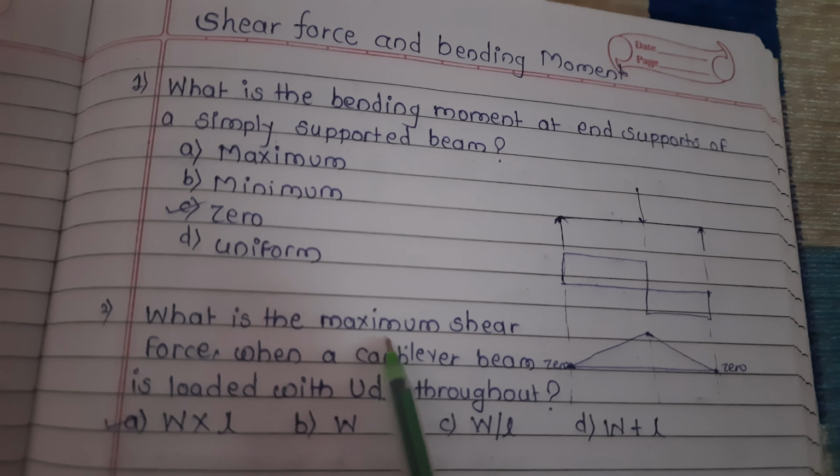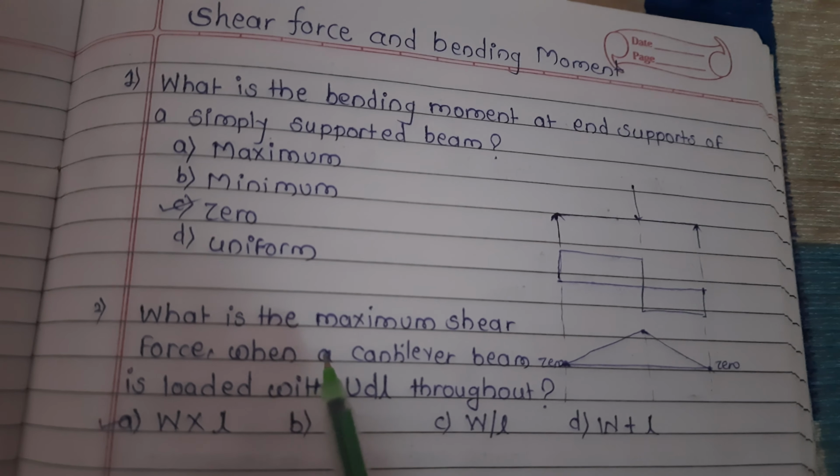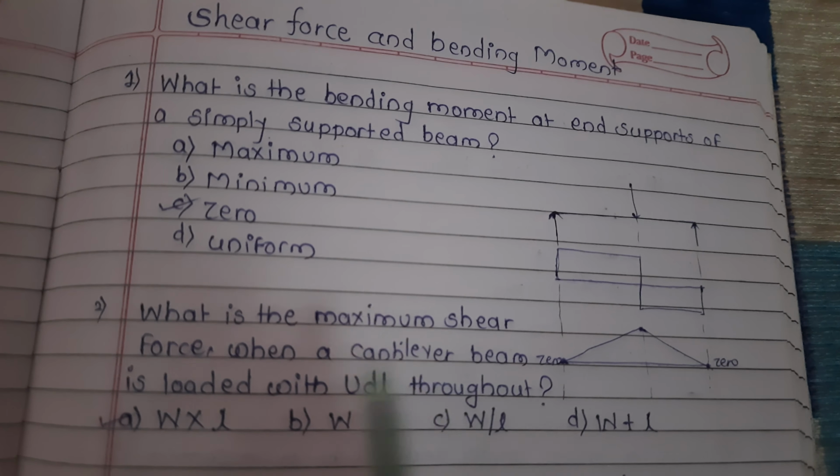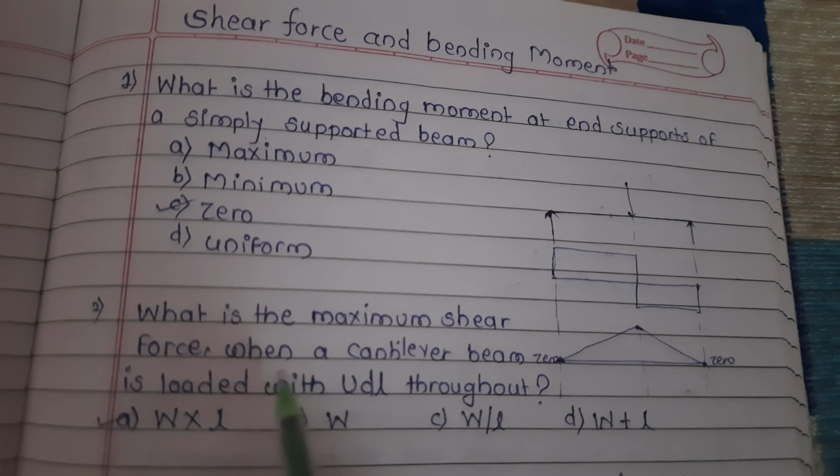What is the maximum shear force when a cantilever beam is loaded with UDL throughout? In a cantilever beam, the shear force at the free end is 0 and maximum at the fixed end.